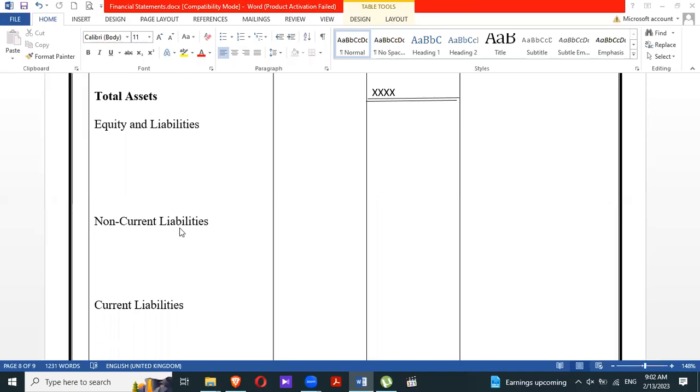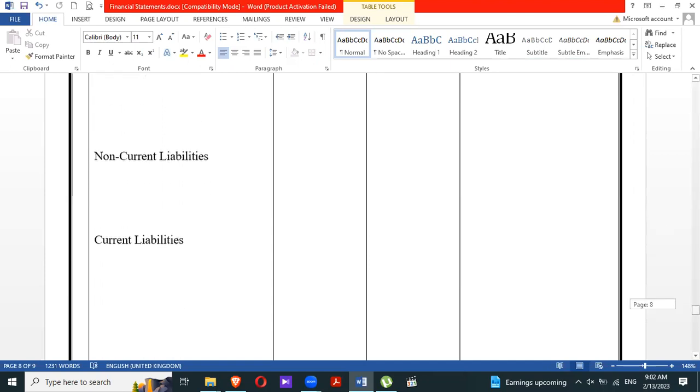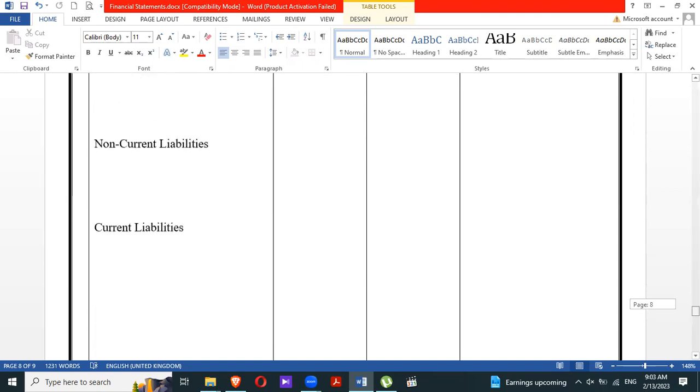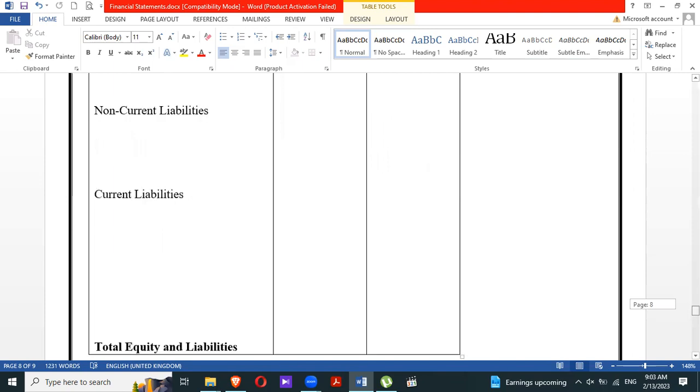Okay, next we are going to move to the second part of the statement. I told you basically this statement included two parts. The first part we have already finished, that is total assets, right? We are going to equal total assets value to the total equity and liability. Here total assets value should be equal to total equity and liability.